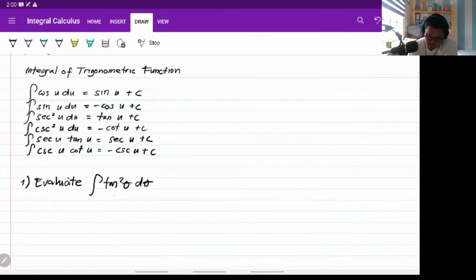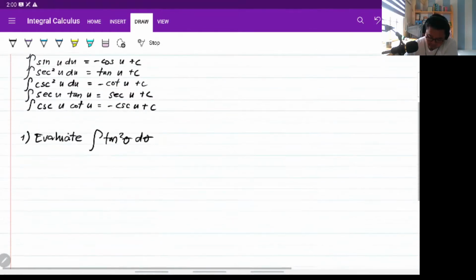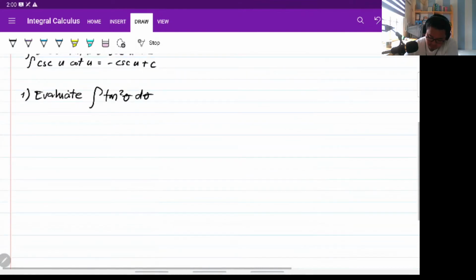Okay, so what is the other function of tangent squared theta? Now we will recall our trigonometric identities, no? So using our Pythagorean theorem, a squared plus b squared equals c squared.